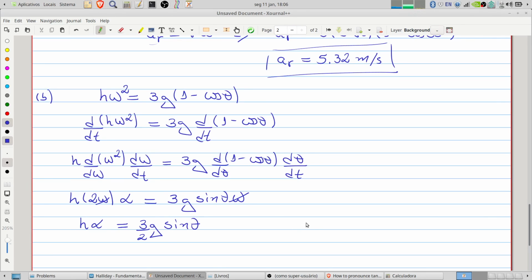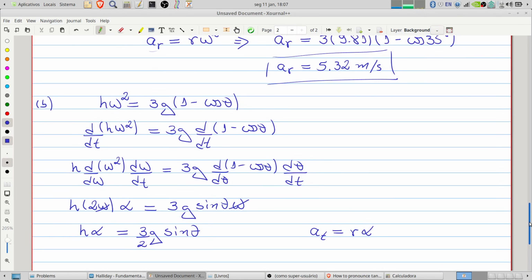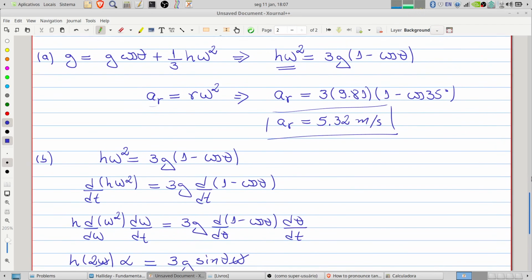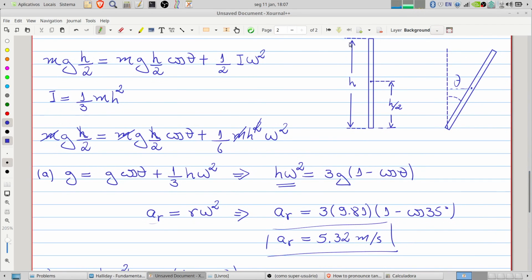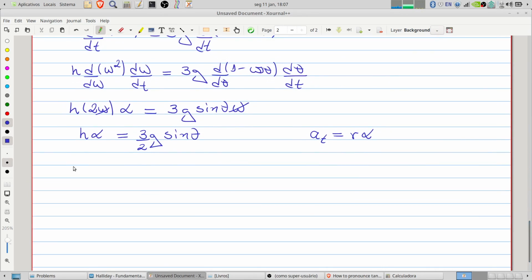Now remember that the tangential acceleration equals r times the angular acceleration. But in our case, the radius equals h. So here we have the tangential acceleration. This equals 3 divided by 2, 9.81 sine of 35 degrees.